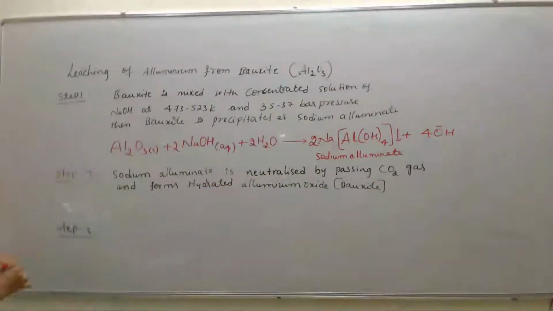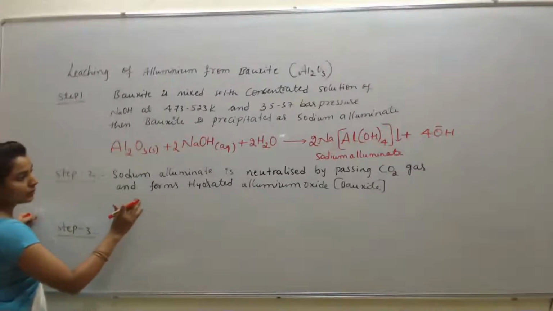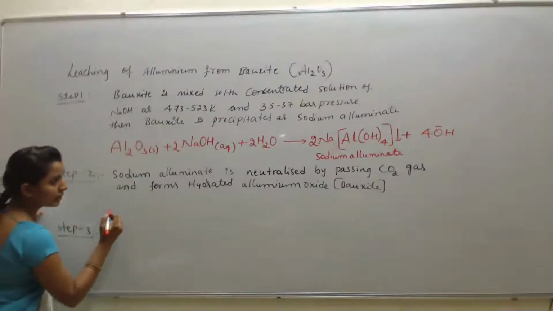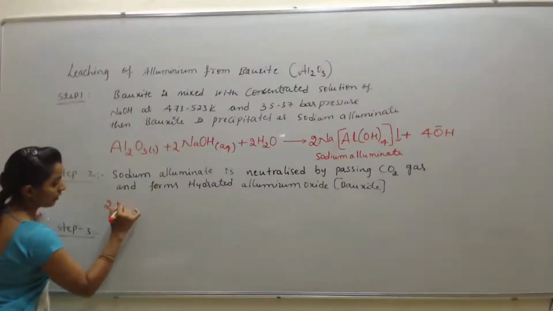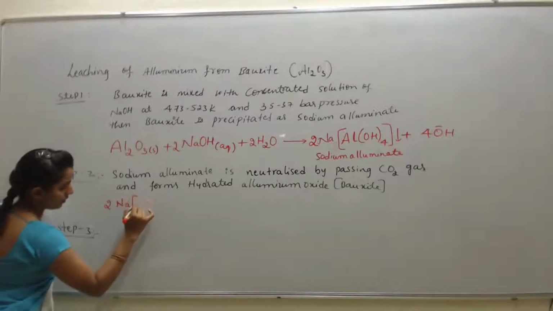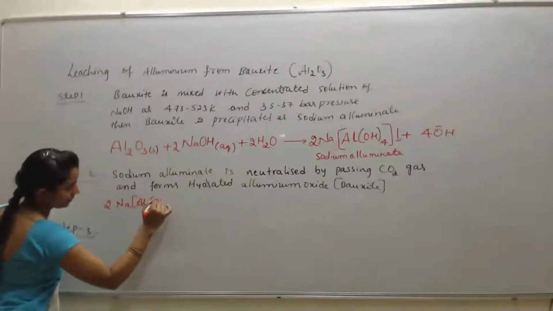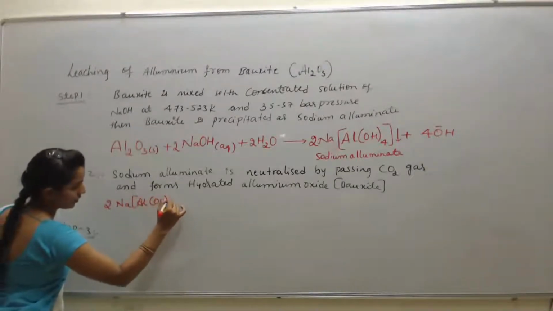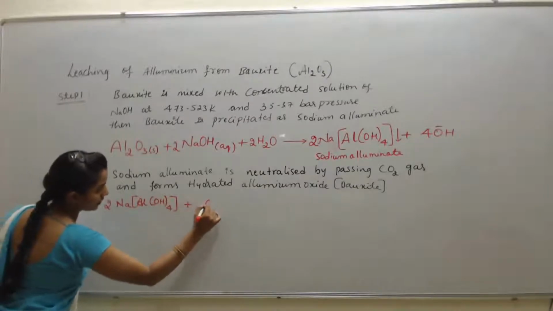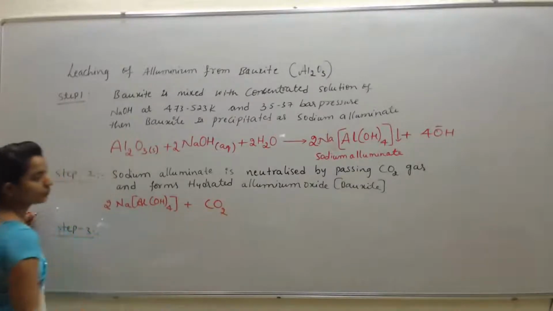Okay, I'll write the equation. Sodium aluminate is neutralized by what? Na Al(OH)4 plus CO2.